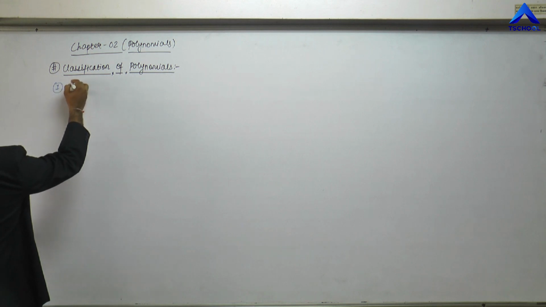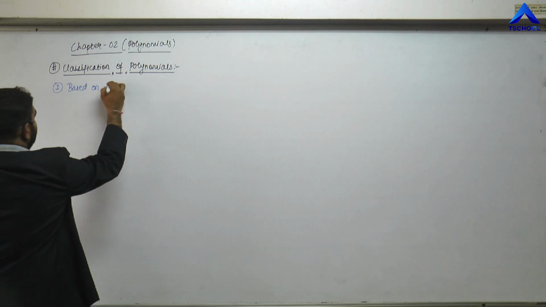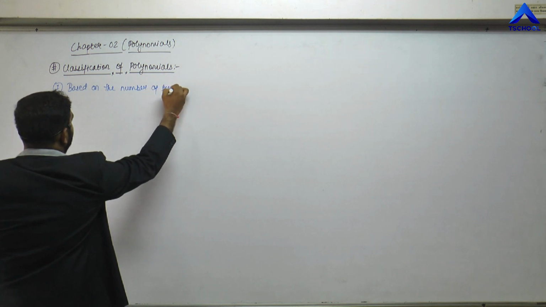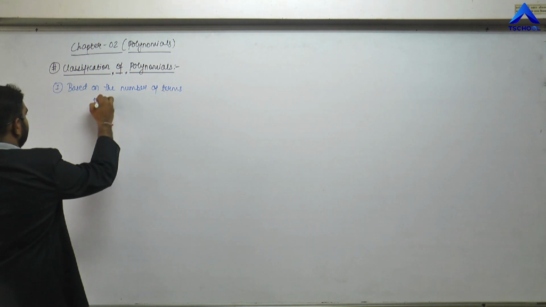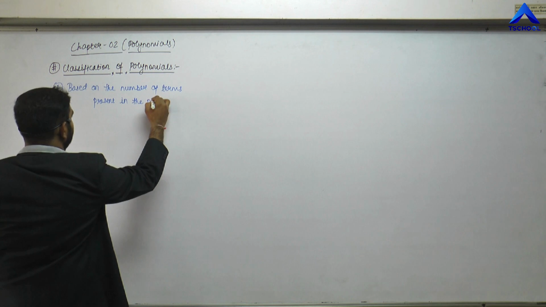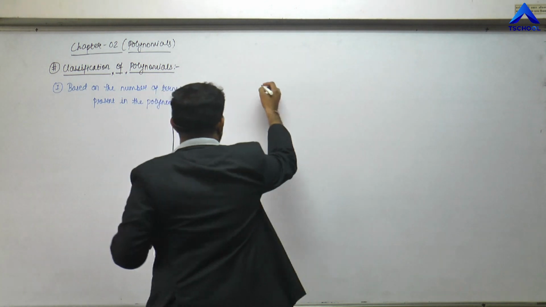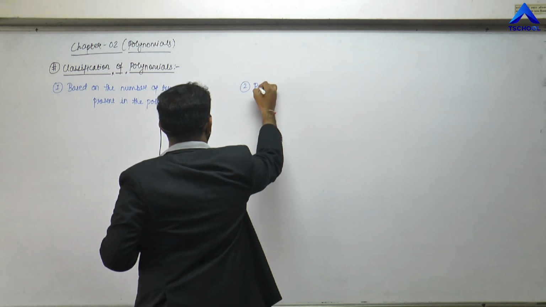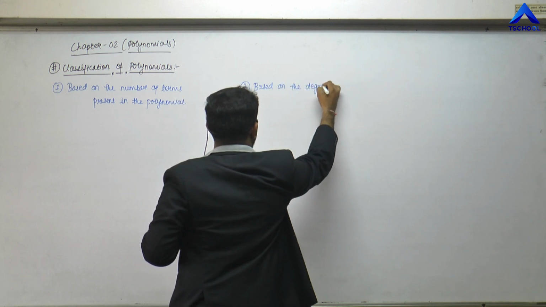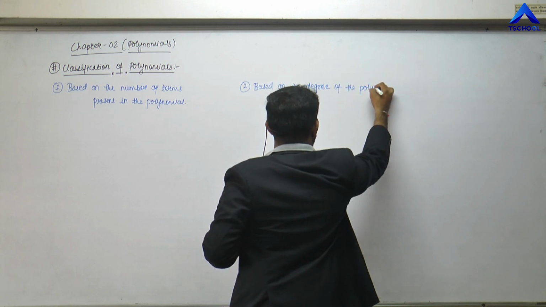The first one is classification based on the number of terms present in the polynomial, and the second one is based on the degree of the polynomial.